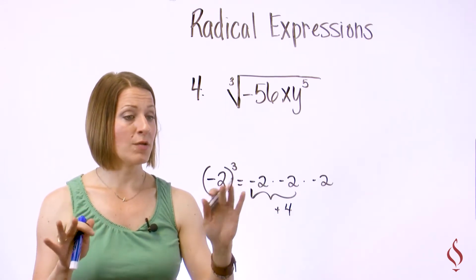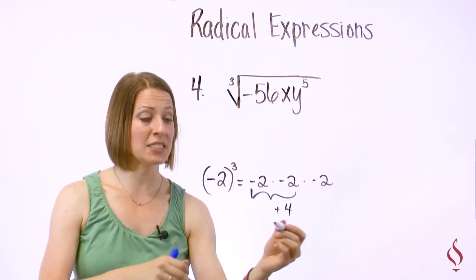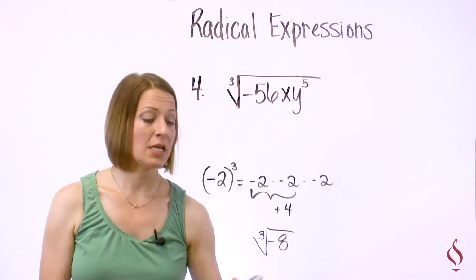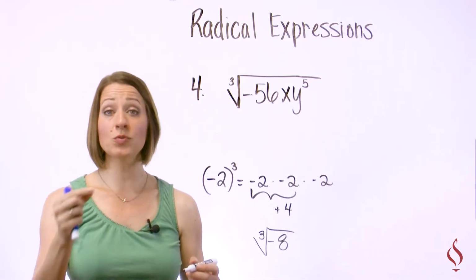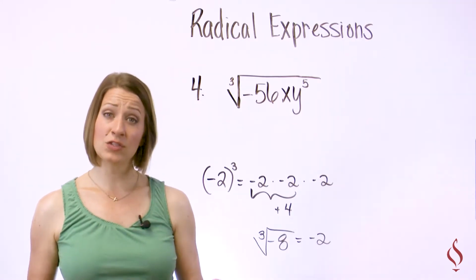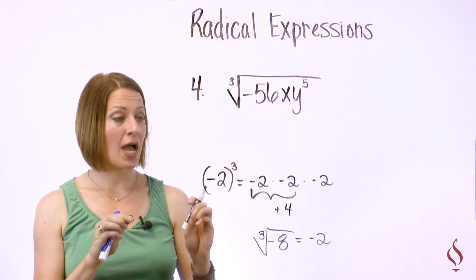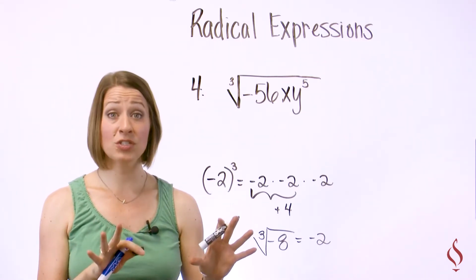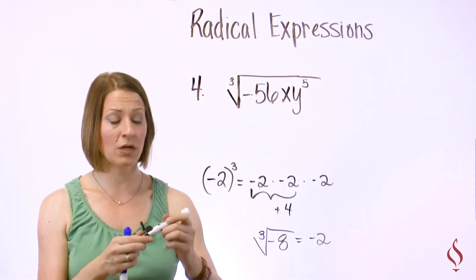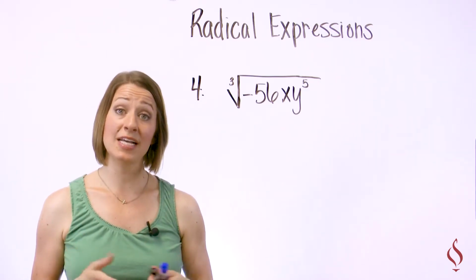And so because -2 cubed is -8, we can then turn around and take the cubed root of -8, and that would equal -2. Okay, so if that concept is kind of new for you, you may want to ask your teacher or do a little bit more studying, because we're going to use this concept right here to work through this last problem together.